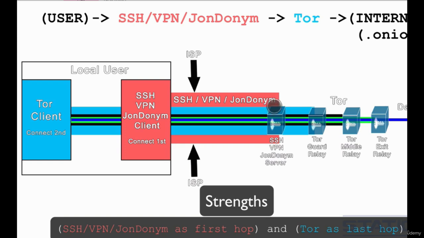And now let's talk about weaknesses via SSH, VPN, Jondonym.